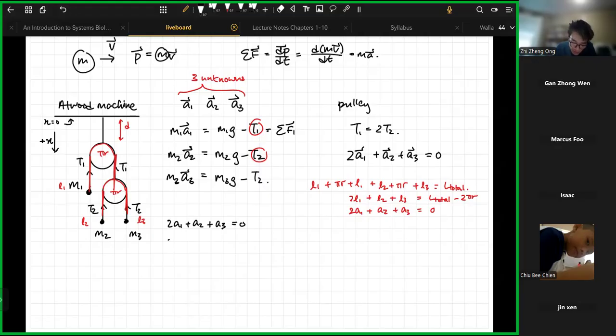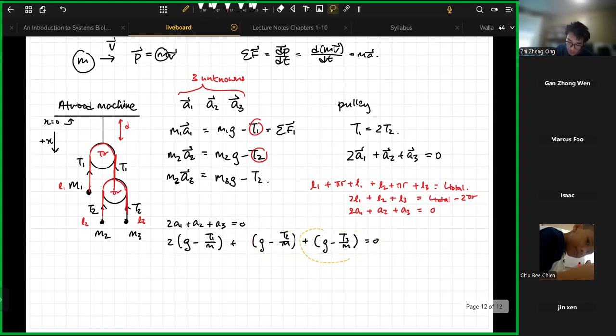And then from here, can say G minus T1 over M plus G minus T2 over M. So I can write this, and then I can simplify. T2 is the same. The 2's I can cancel out. There's a 2G.